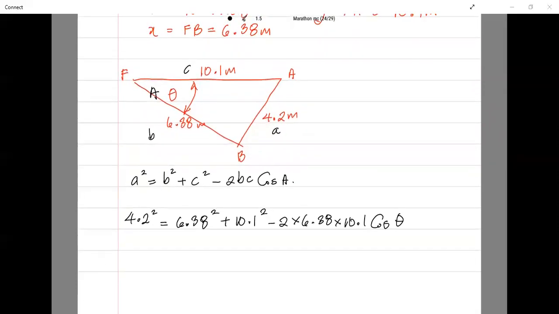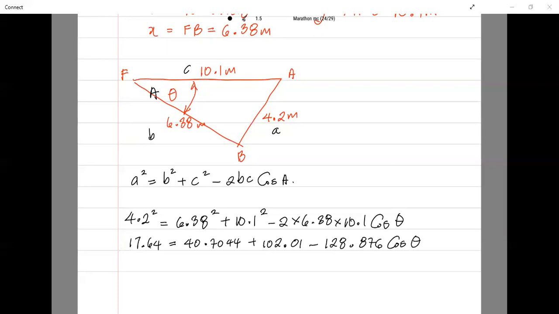So don't let the numbers scare you. Whenever you have to work with decimals, the numbers can look like a lot, but don't let it scare you. 4.2 squared, just simply use a calculator, is 17.64, and this is equal to 40.7044 plus 102.01 minus 2 times 6.38 times 10.1, which is 128.876, the cosine of the angle theta.